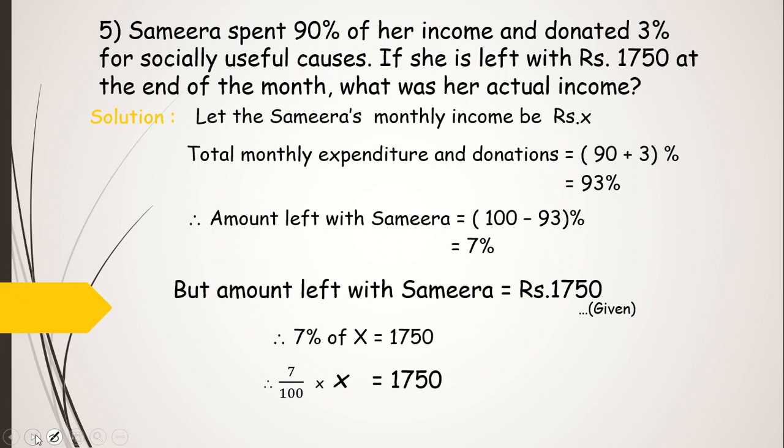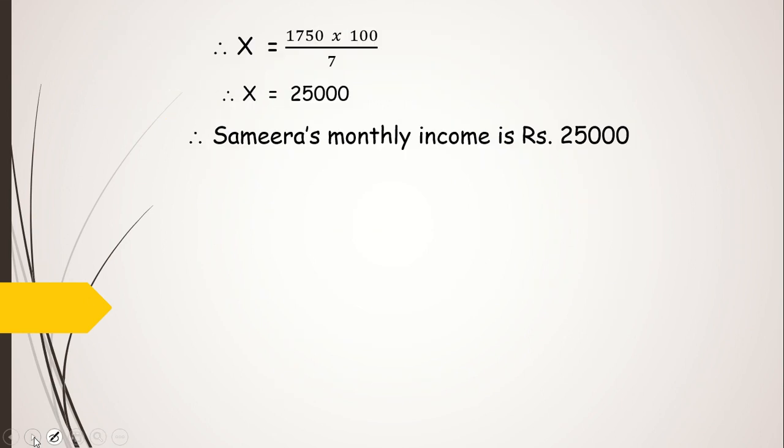That is 7 upon 100 into X is 1750. Now this will go that side, it will become 100 upon 7. So that becomes 1750 into 100 upon 7, which is 25,000 after dividing. So Samira's monthly income is rupees 25,000. Please do this calculation and you will get the answer 25,000.